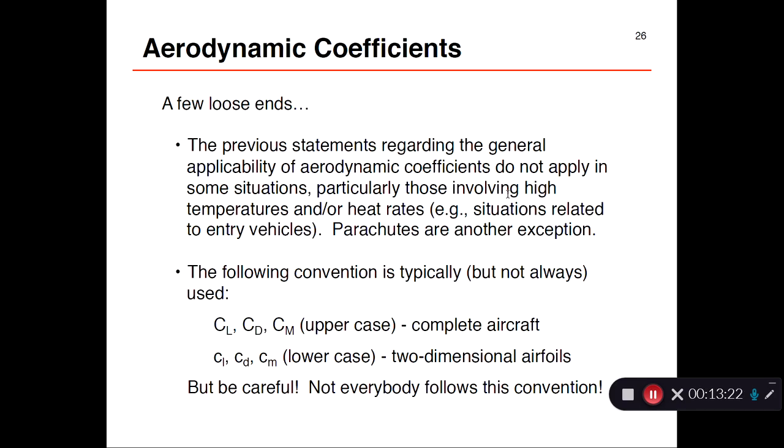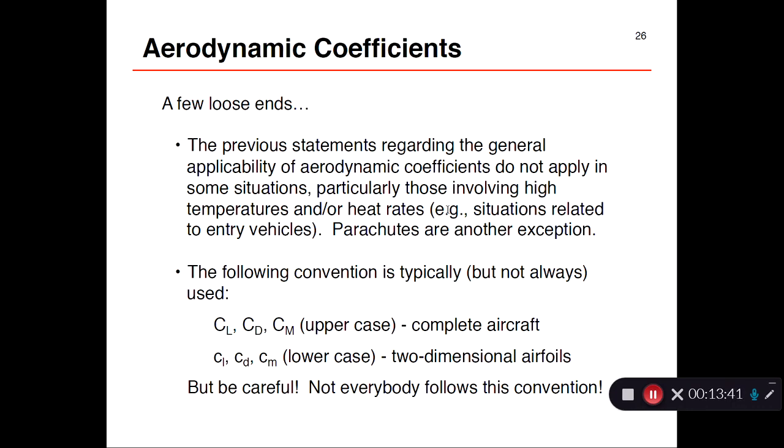So a few loose ends. Lowercase L, D, M is for airfoil. Uppercase L, D, M is usually for airplanes. So this is a convention we will use. Some books, some notes, some countries do it differently.